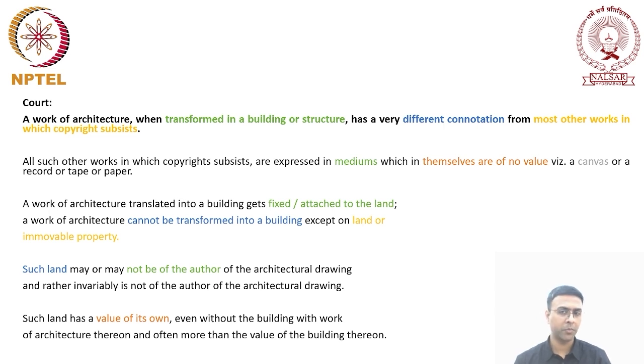This is clearly distinguishable from a painting which is on canvas. But there is another element which we must consider, and that is the land on which the building is fixed. Both the land and the building are subject to various laws. In such a situation, where there is a seeming conflict between various laws, how does the copyright law fare?